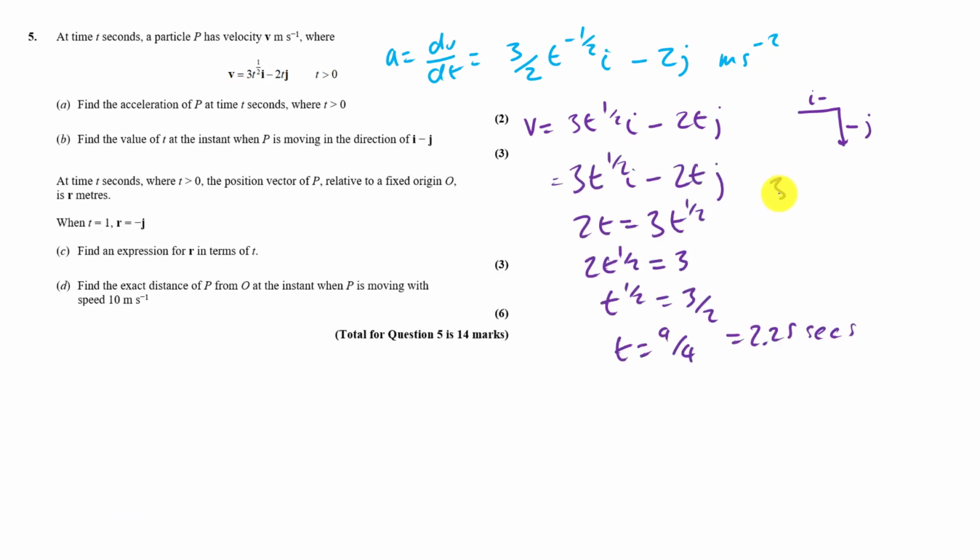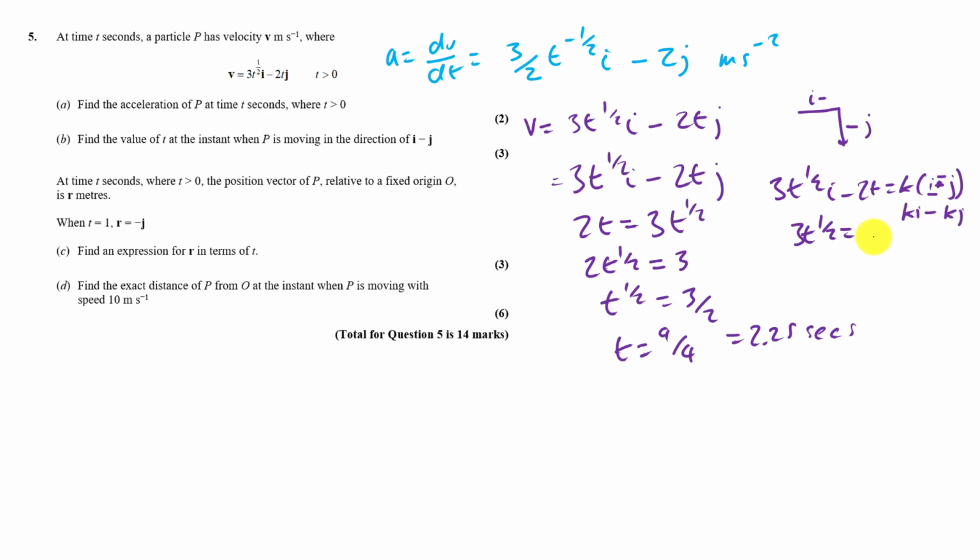So what it is, 3t to the half i minus 2t j equals some k(i plus j), i minus j. That should still work that way. So what you get is 3t to the half i equals k i minus k j.